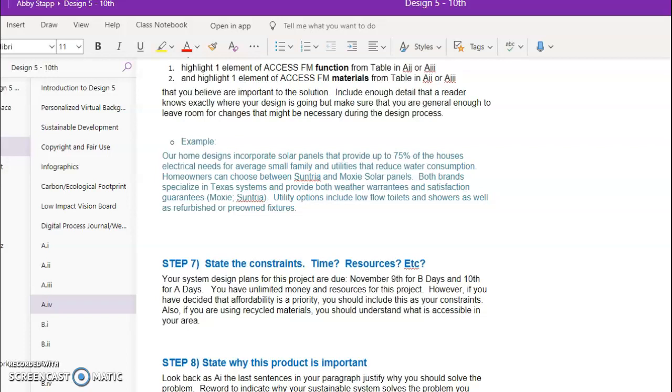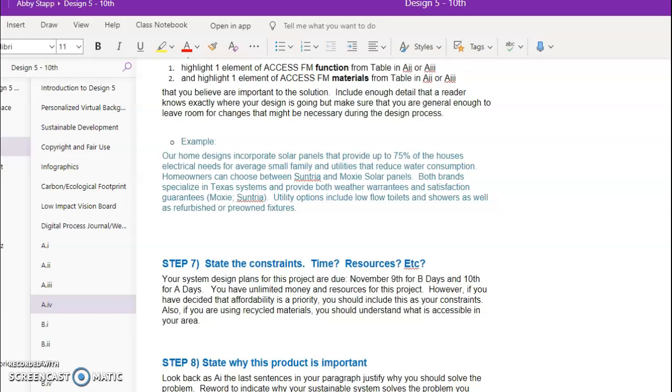However, based on what you decided your client's needs were, you might give a price. Like if it is important for your client that this be affordable, then you're going to want to make your system within that affordable range. And you can choose that and let me know what it is. Based on some of your research, you may be finding out how much these systems cost. And you can use that to decide how affordable you can make yours.